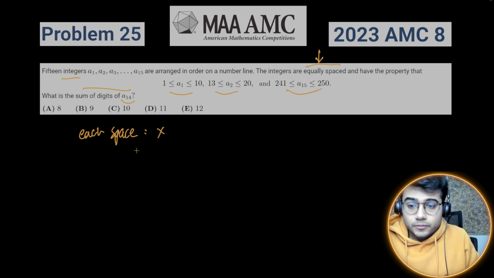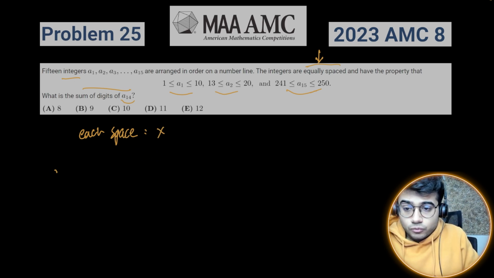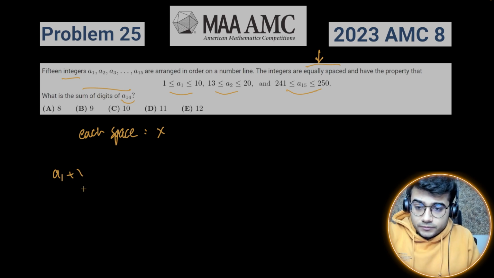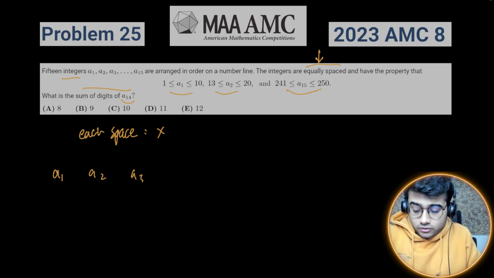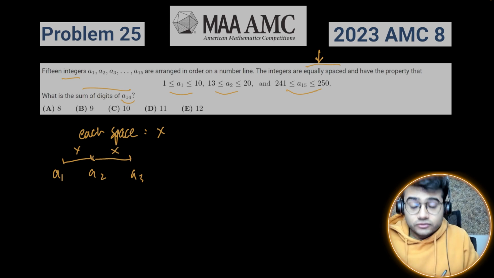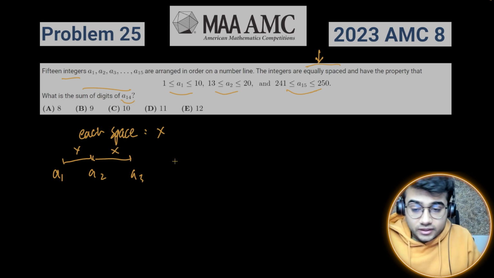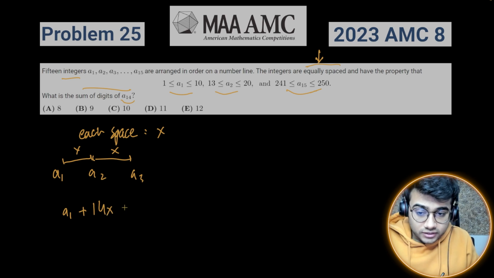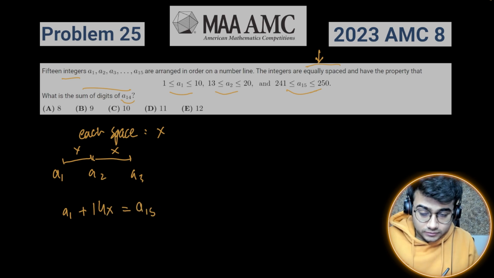Then a1 plus x will give you a2. So a1, a2, a3. If the spaces are all x, a1 plus x will give you a2, a1 plus 2x will give you a3, and so on. So that tells us that a1 plus 14x should give us a15.